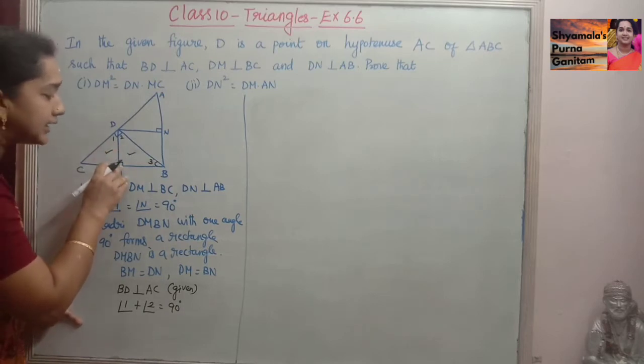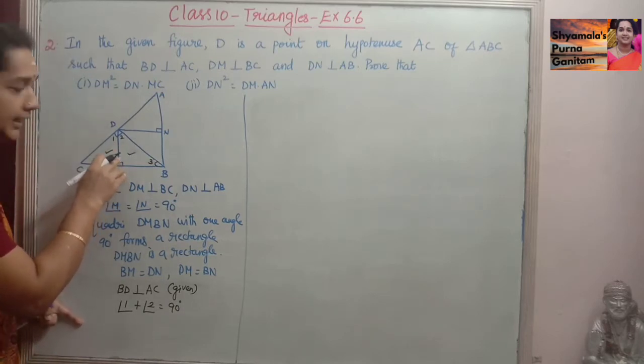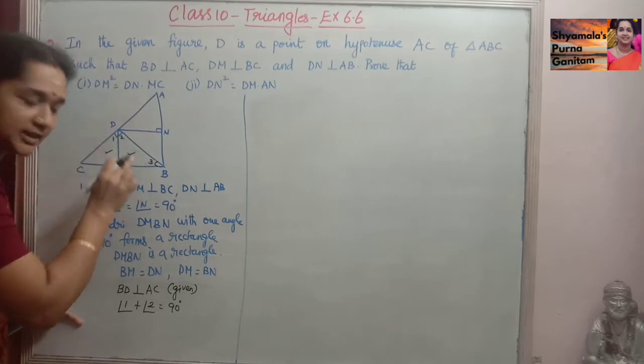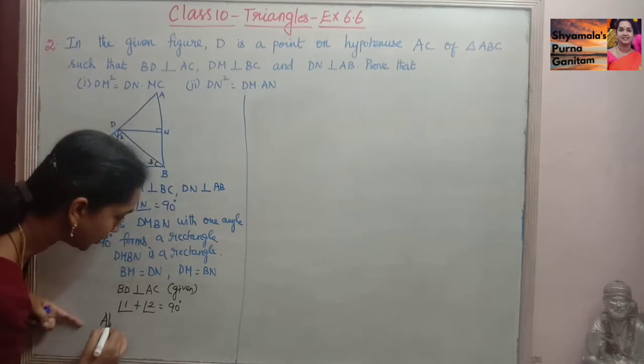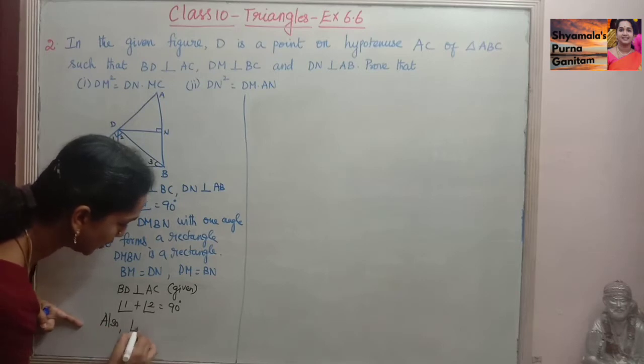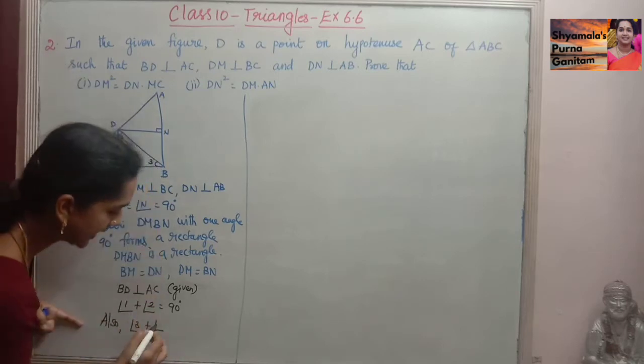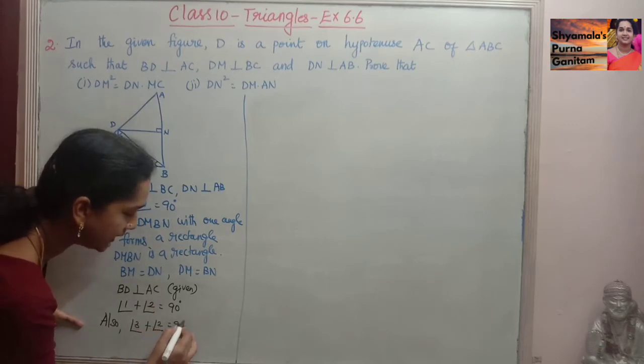Same way, angle M is given as 90 degrees. So in this triangle, if we add 2 and 3, angle 2 plus angle 3 is also equal to 90 degrees.